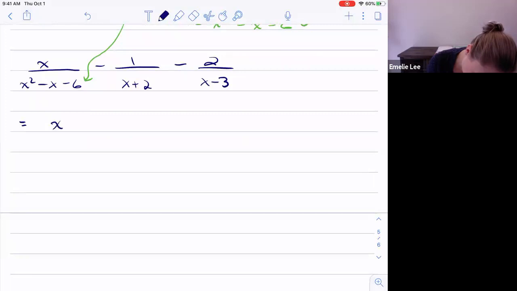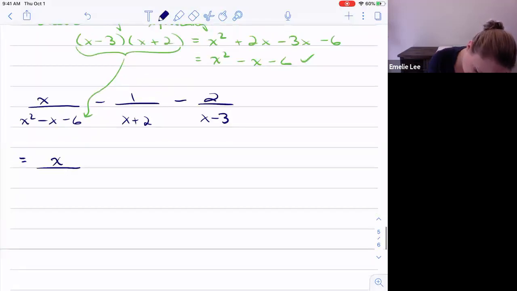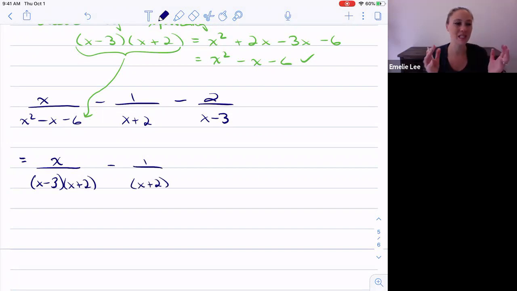So I've really got x times, x over x minus 3 times x plus 2, minus 1 over x plus 2. And what I'm going to do is write these in brackets, because what I'm seeing is I've got x plus 2, and x minus 3, x minus 3. Hey, what luck?